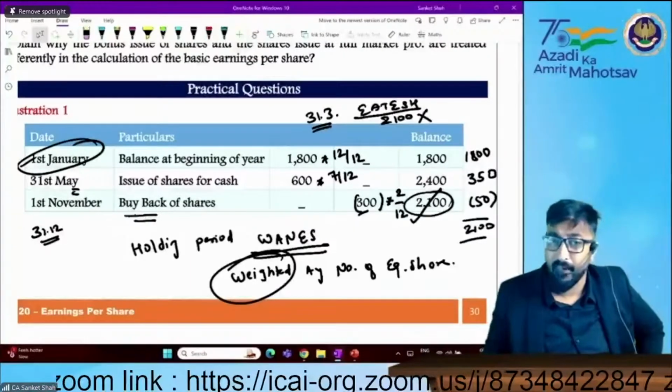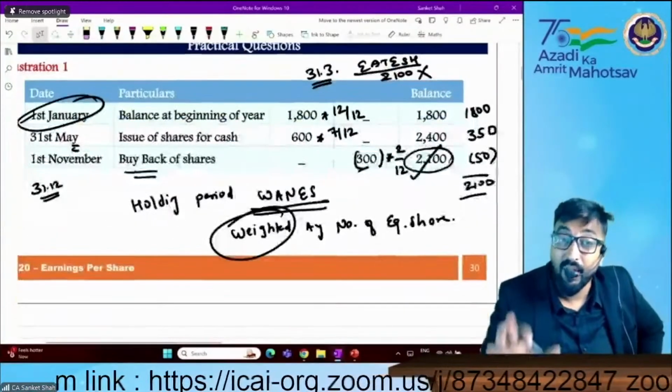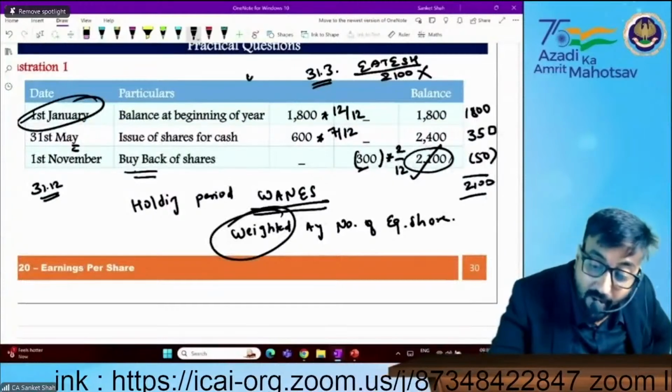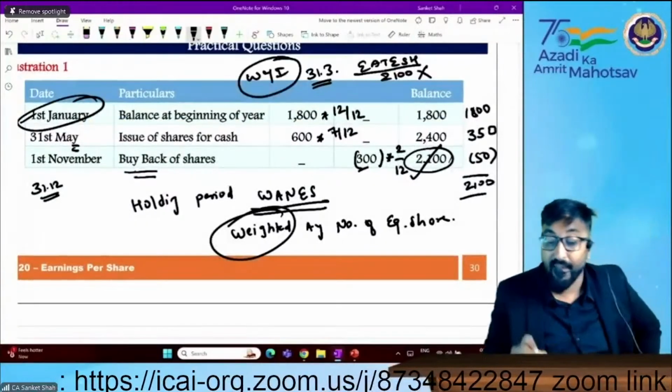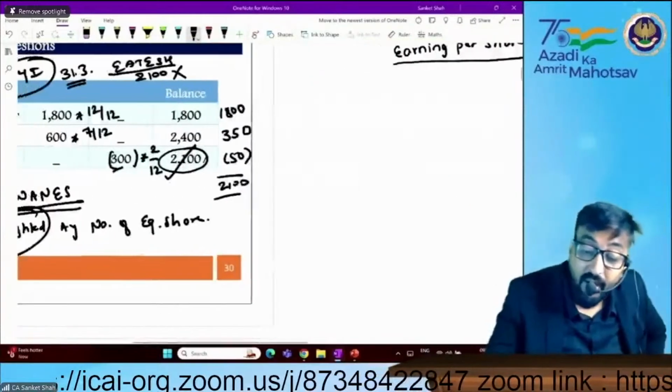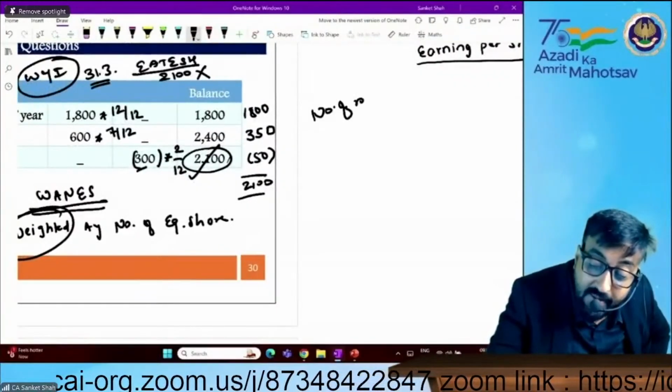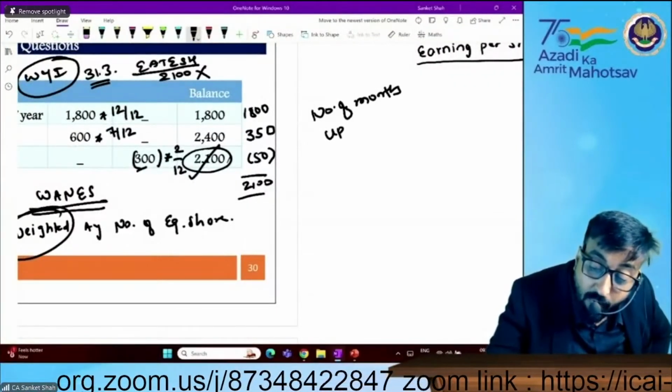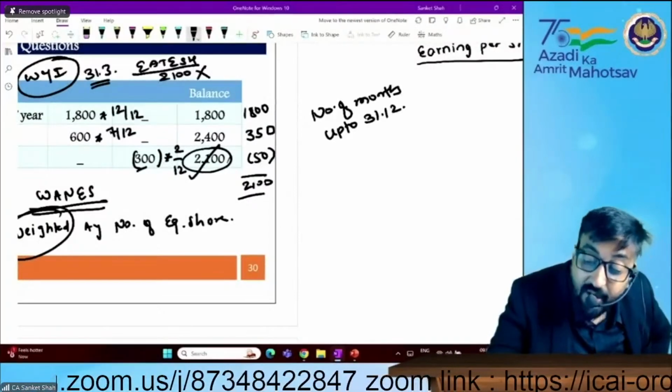The holding period is different. And how did I calculate? See, now there are two ways. Way one, you understood it: 1800 into 12 by 12, 600 into 7 by 12. That is how you calculated the number of months, from the transaction date up to 31st December.